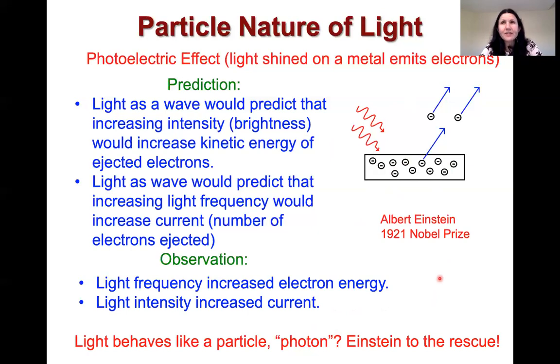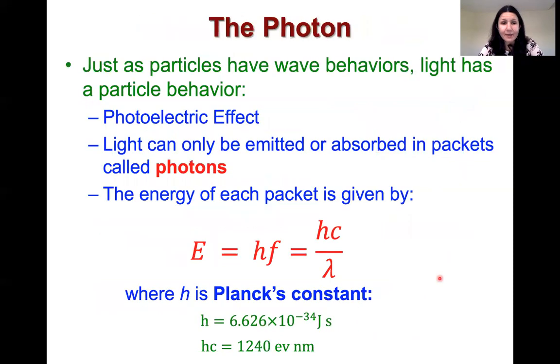All right, so we saw that particles can exhibit wave-like properties, and now waves, light, can exhibit particle-like properties. So the photon, how do we describe it as a particle? It's this photoelectric effect that proved that light is a particle.